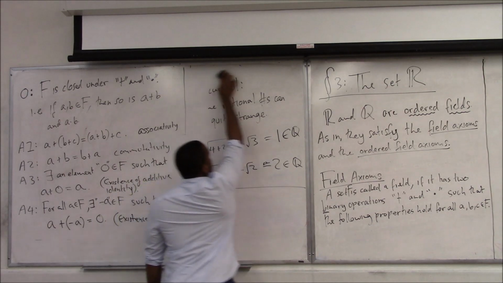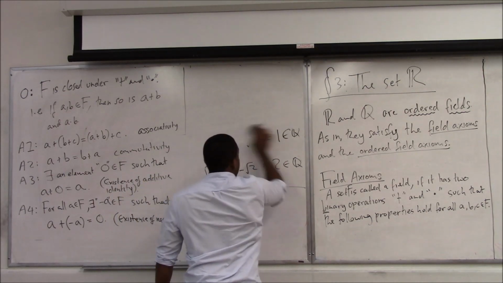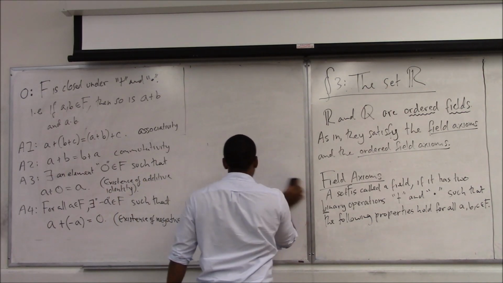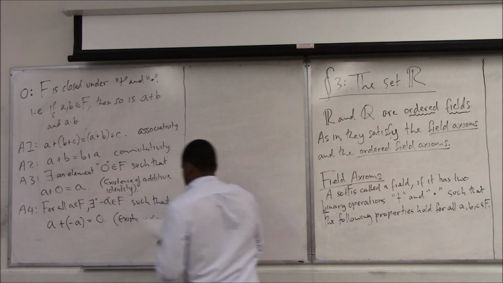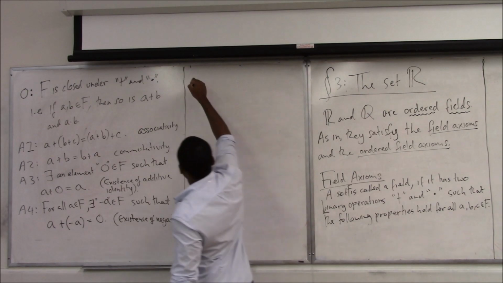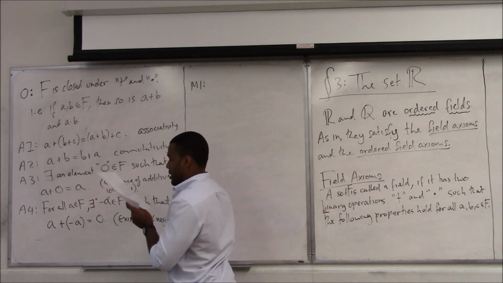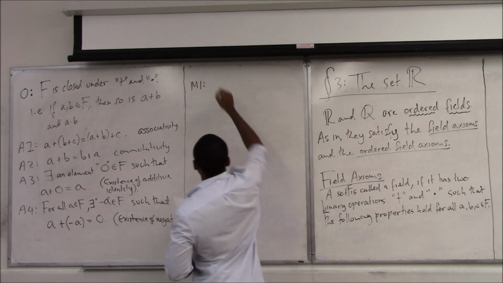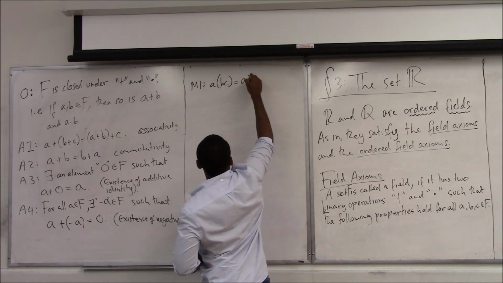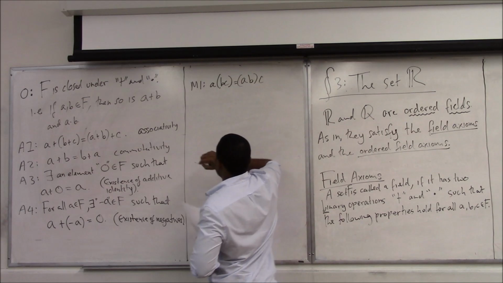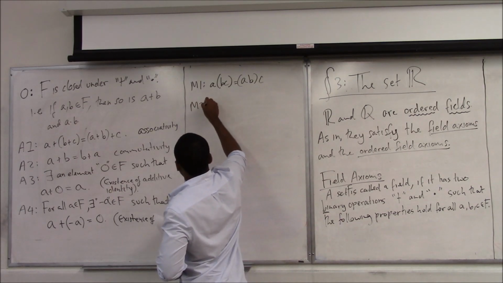I'm going to tell you what the multiplication operation must satisfy, and how these 2 operations can play together. So here is the set of properties for multiplication. 1. Multiplication is also associative. 2.